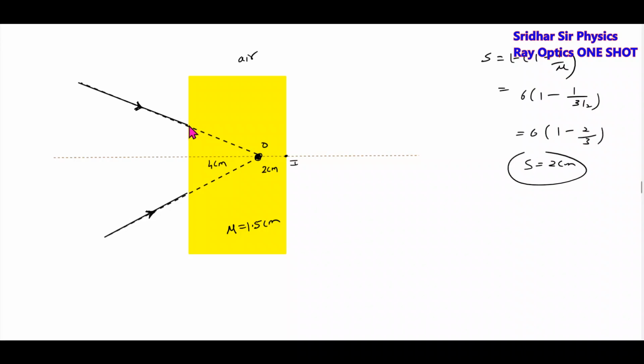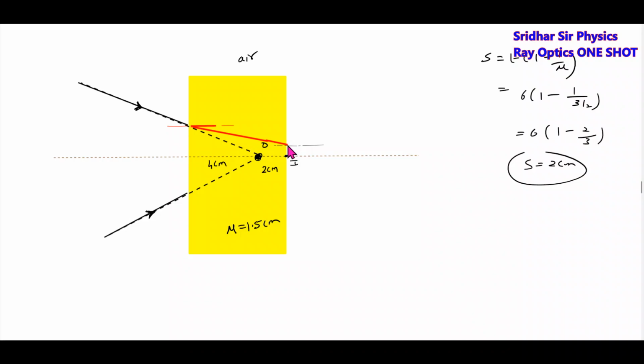So what actually happens to the ray? The ray is moving from denser to rarer medium, so it should bend away from the normal.